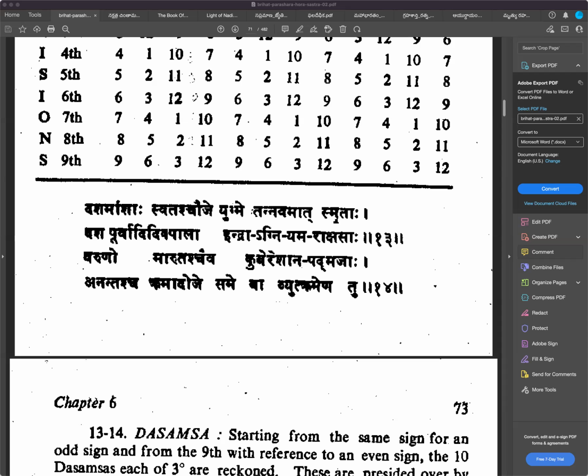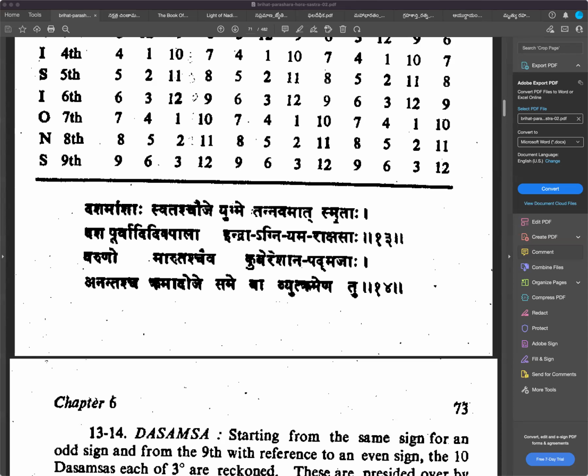Thank you, sir. I wanted to ask: some softwares, like the one we are using currently, show different degrees in the Navamsha chart, different from the D1 chart. What is the exact reason behind it? It is just mathematical calculation.